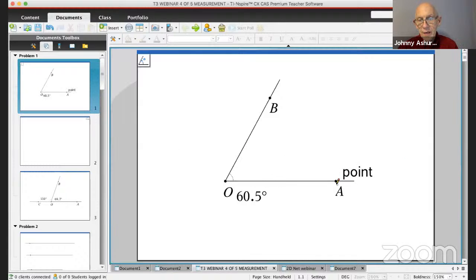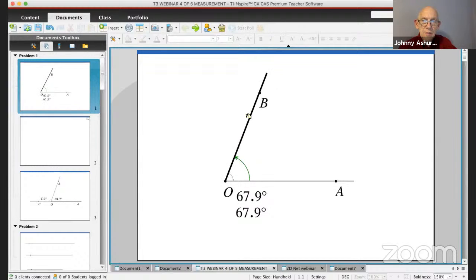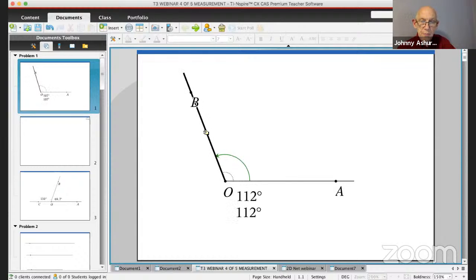And I'll click on A, O, and B. And of course, those 2 values are the same, as we would expect. The difference is that when I grab B, or ray OB, and expand or open the angle, you'll see those values are still the same.